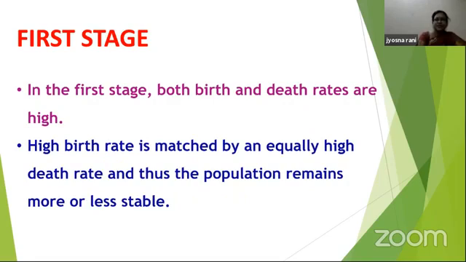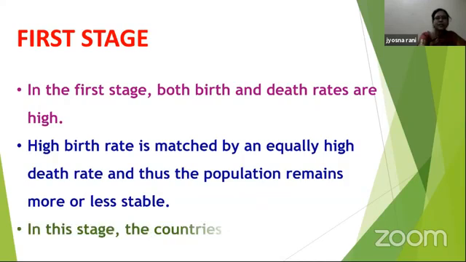In the first stage, high birth rate is matched by an equally high death rate. Thus, the population remains more or less stable. So the countries in this first stage are underdeveloped. Why? Because the birth rates as well as the death rates are higher.